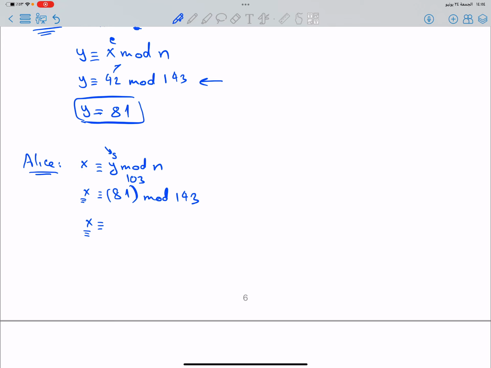When we decrypt the encrypted message, we should have 42. If you get another result, then we have something wrong. That's why it's important to make sure that X is 42, and we are done with this.